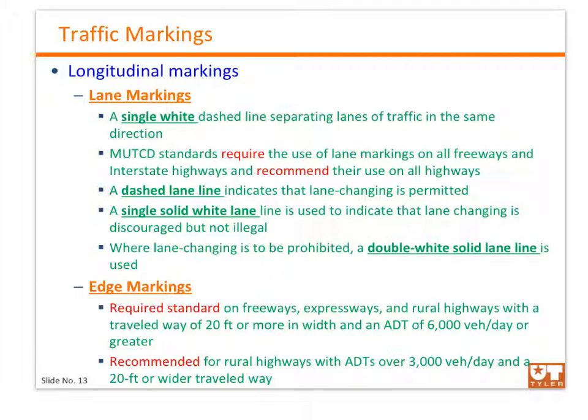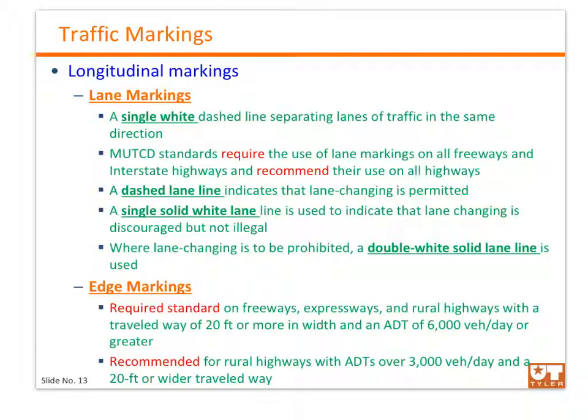When does this become illegal? Where lane changing is prohibited, a double solid white lane line is used. So once we have two solid white lines, this is where you cannot legally change lanes. Edge marking, so those were lane markings.